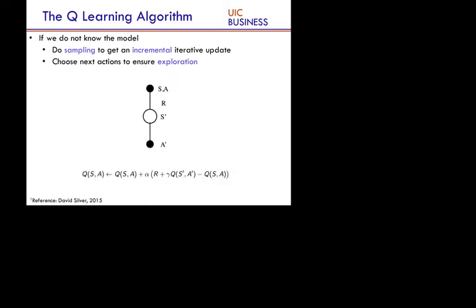And the iterative update I was talking about is this. I changed the equality to a left arrow, and I'm doing incremental averaging.